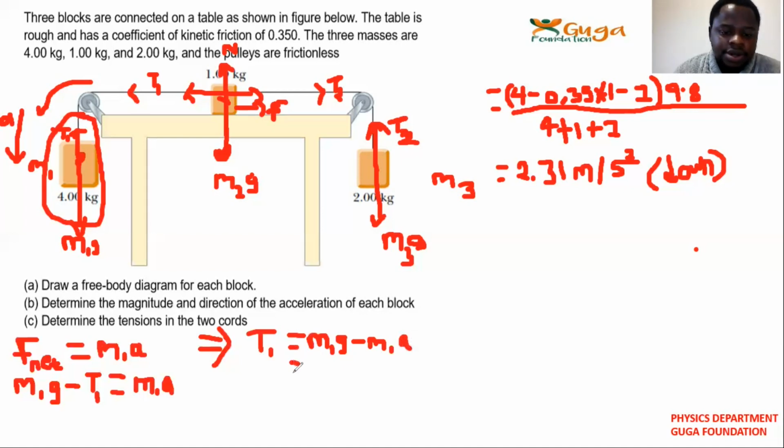Mind you, you can take the common factor of M1 into G minus A.